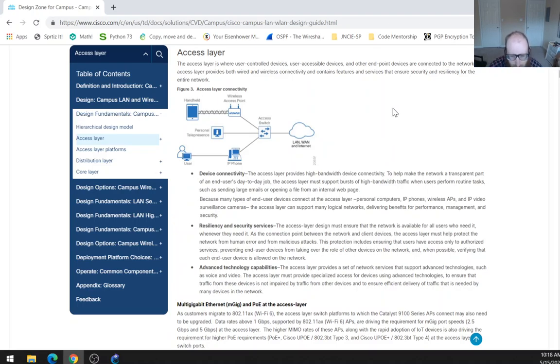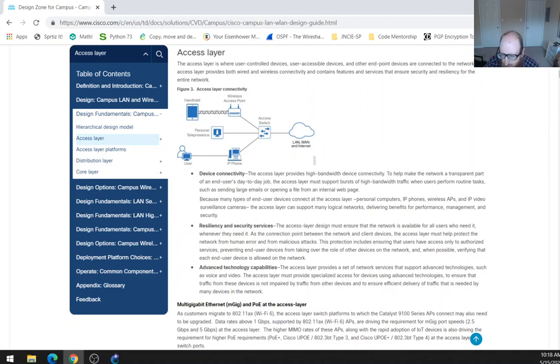Resiliency and security services. The access layer design must ensure that the network is available for all users who need it whenever they need it. As the connection point between the network and client devices, the access layer must help protect the network from human error and malicious attacks.